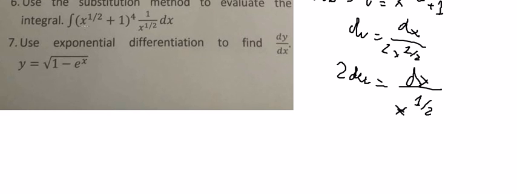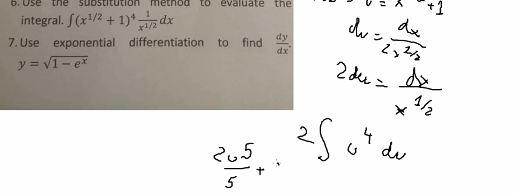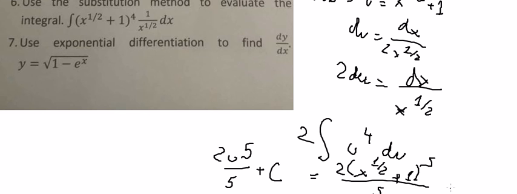So this one we change for u, ds over s to the power of 1 over 2, you get 2 du, and we get 2u to the power of 5 over 5 plus c. So for u, we need to change back to s to the power of 1 over 2 plus 1, to the power of 5 over 5, and this is the answer.